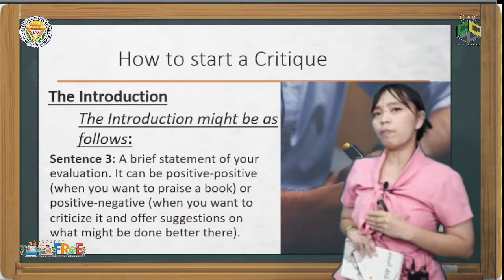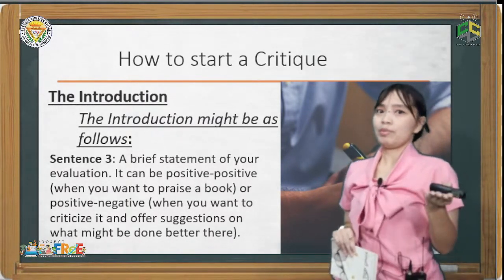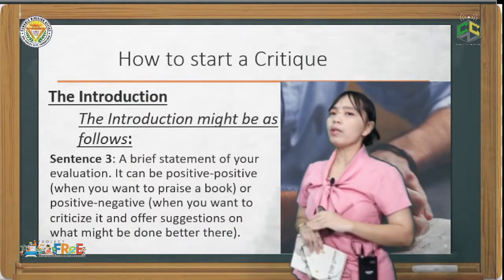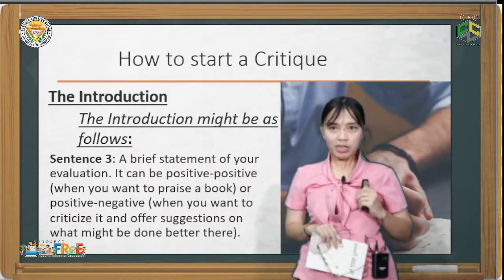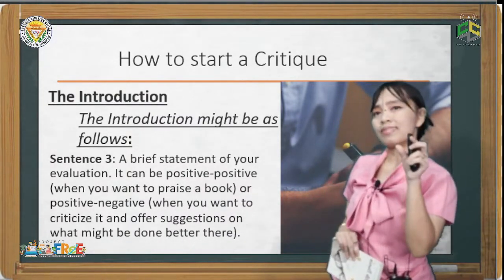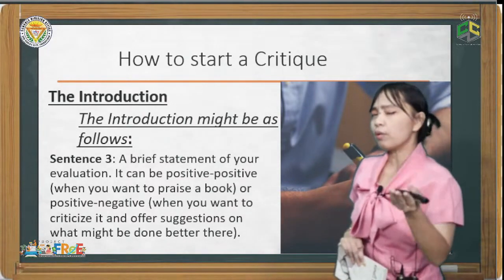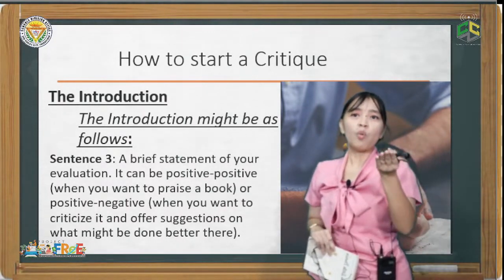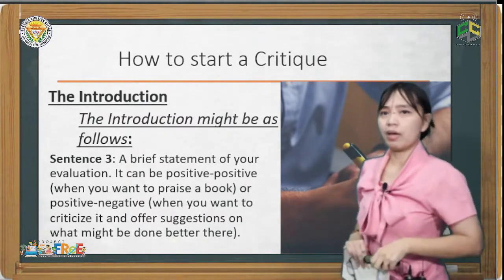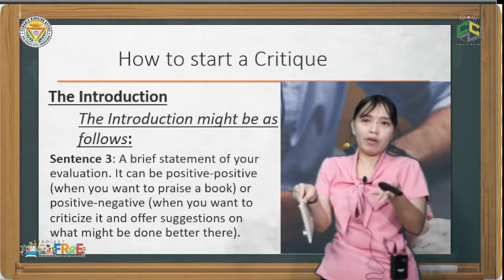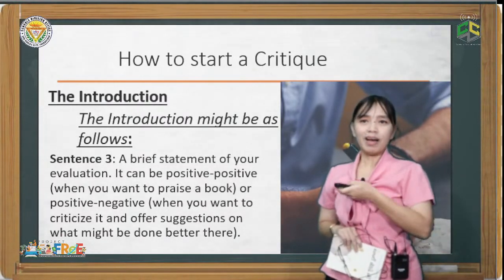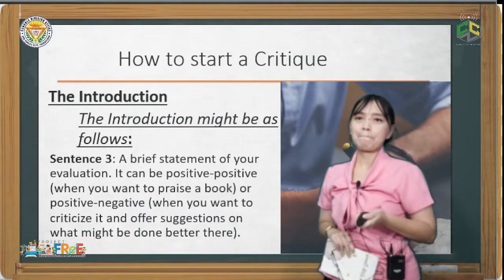When you want to praise a book, that is what we mean by positive. Or if you would like to come up with negative, that is when you want to come up with a little criticism on what you have read. And of course, we're going to offer suggestions on what might be done on the book, or on the paper, or of the author himself. So I hope you did understand that point.